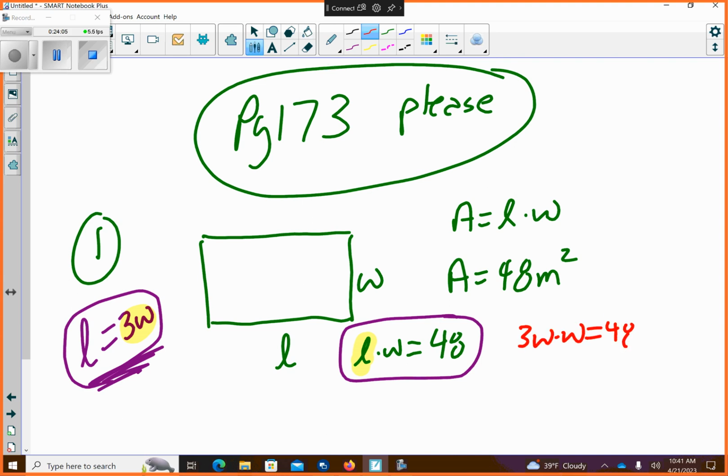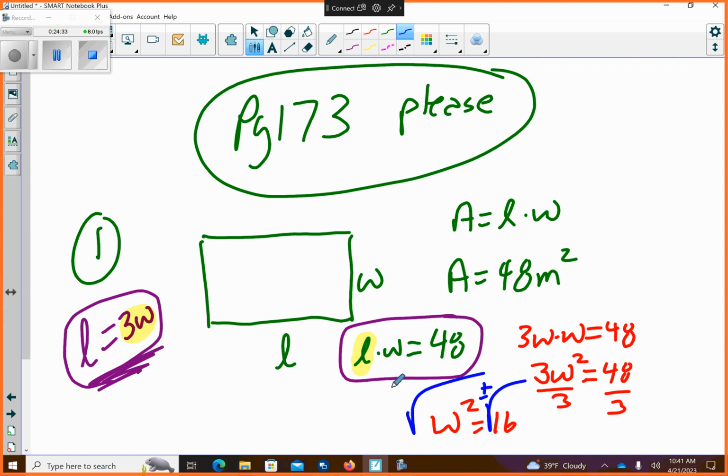And W times W is W squared. Divide by 3, divide by 3. 48 divided by 3 is? How many times does 3 go into 48? 16. All right. Now, we're going to go root, and when we go root, we don't forget the plus minus.